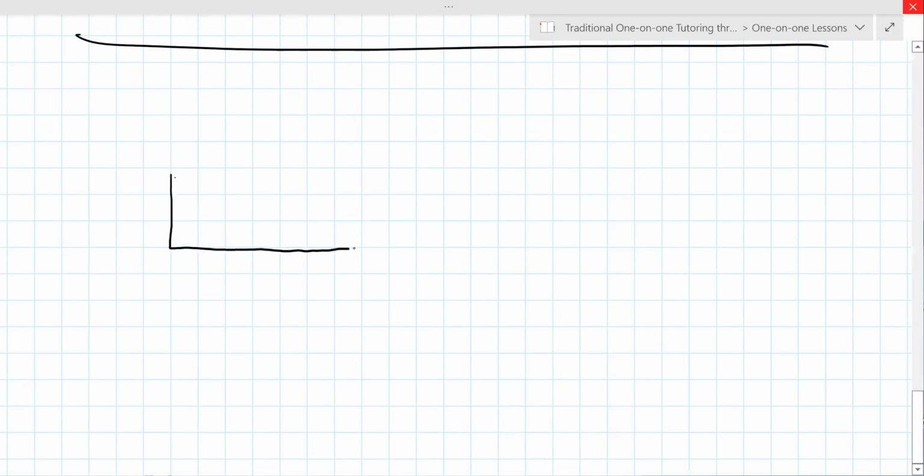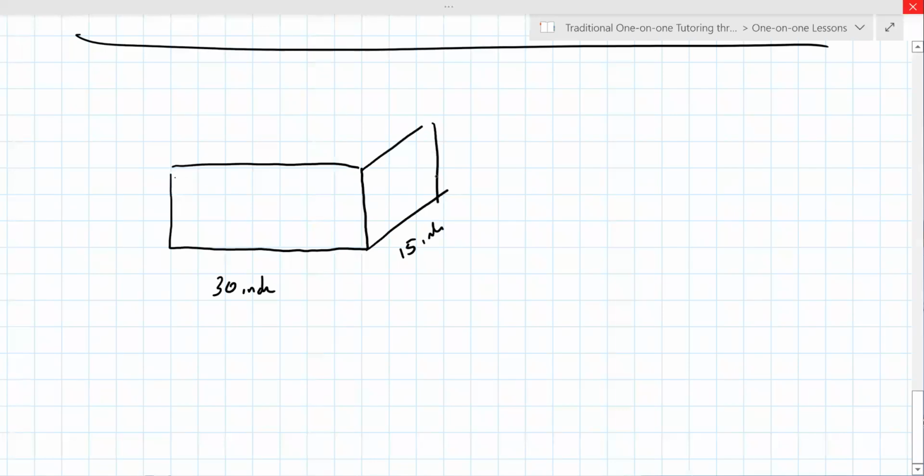So let's look at another problem here. Let's say you want to make an aquarium, and your aquarium is 30 inches, and then the side is 15 inches, and then the top, let's go 10 inches.